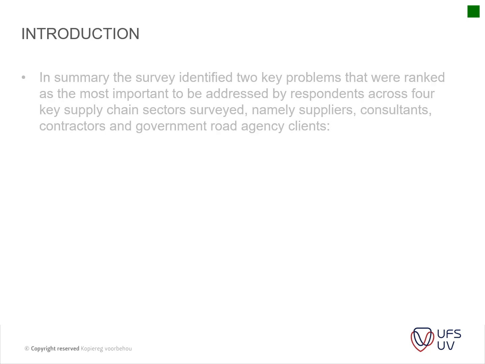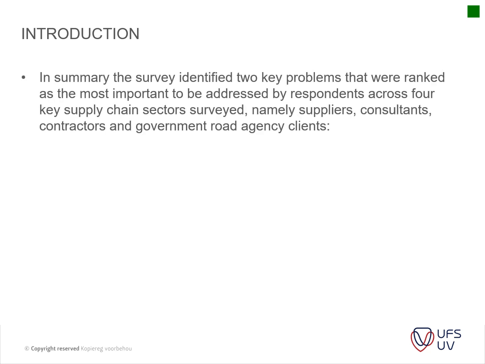So in summary, the survey identified 2 key problems that were ranked as the most important to be addressed by the respondents across 4 key supply chain sectors surveyed, namely suppliers, consultants, contractors, government. So they basically did their research, getting information from suppliers, consultants, contractors, and the government.